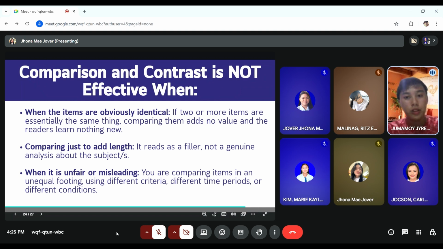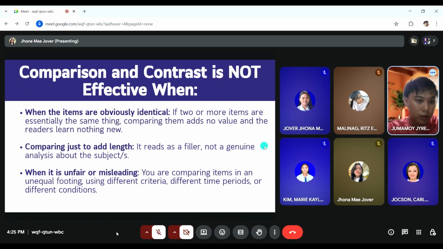So, in conclusion, number one, when the items are obviously identical, you don't need to compare the two. And number two, comparing just to add length, you don't need to add length to have a genuine analysis of the subject.